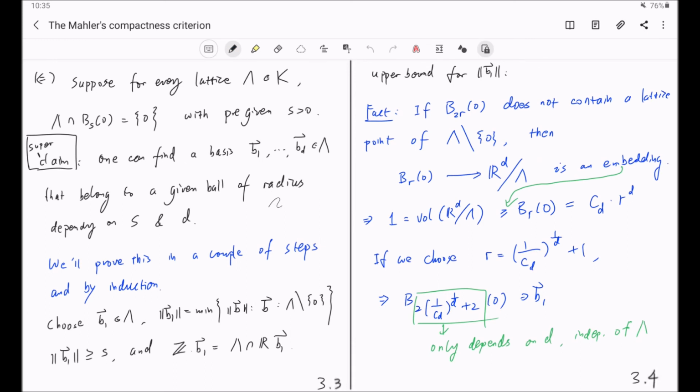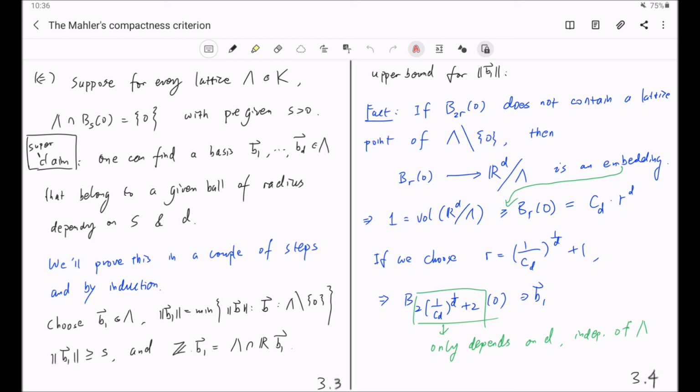In another video I made about the proof of Mahler's compactness criterion, we made a claim which says we're going to find a basis of any unimodular lattice that belongs to a given ball of radius that only depends on the dimension of the lattice and a given parameter s that is a radius of this ball centered at the origin. And we started the proof of this claim with the first vector, the first basis element.